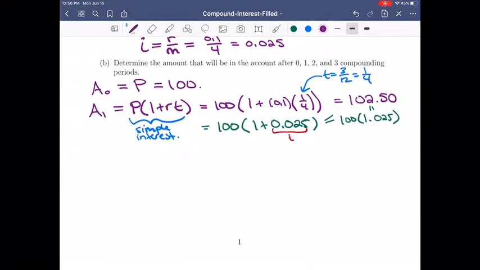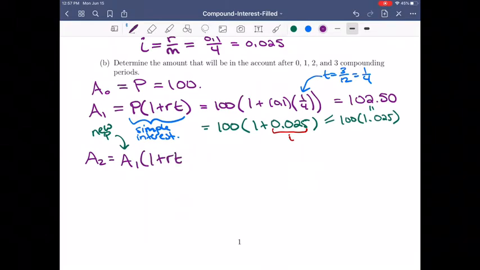So A2. Now we only have the simple interest account, so I want to use the simple interest formula, but I'm going to be applying interest to the amount that I've earned in A1. So I'm still using the same formula, but my new P is actually A1. So it's going to be A1 times 1 plus RT.